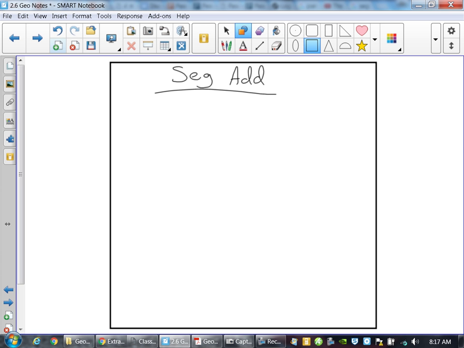What do they have to be though? In order to add two segments together, what do they have to be? No. Same line, they have to be collinear. First of all, they have to be collinear. So remember, segment addition is segment plus segment equals larger segment.